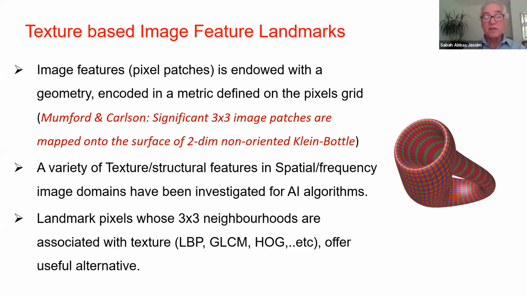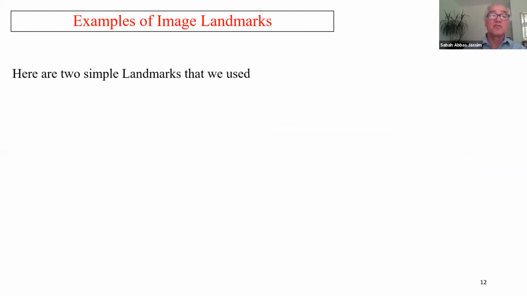For us, we think that landmark pixels whose 3x3 neighbors have some kind of structure, associated with texture like LBP, local binary patterns, GLCM, HOG, and various other features in any domain, can be used to produce a topology. In other words, for large images we could have millions of different topologies. How do they interact with each other? This is one of the main difficulties.